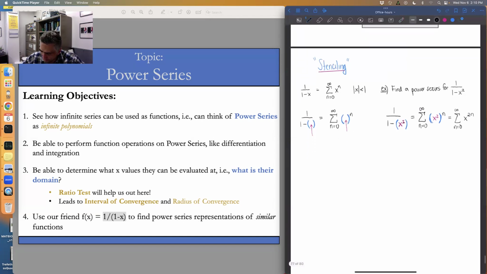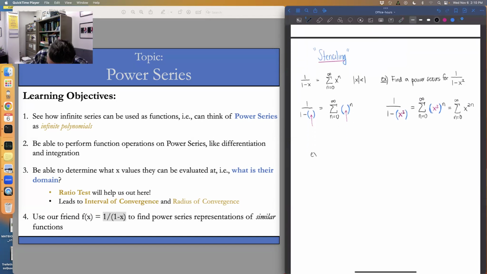Okay. So let's do another example here. Find a power series for, let's do 1 over 1 plus x squared this time, and then let's also integrate it.